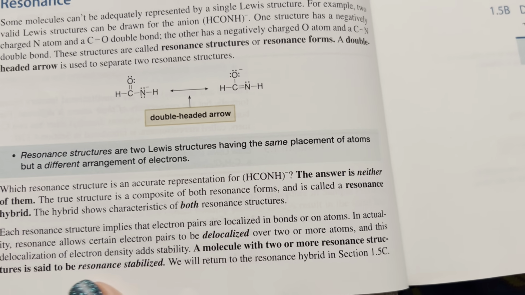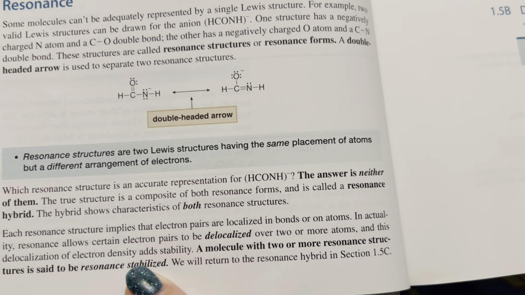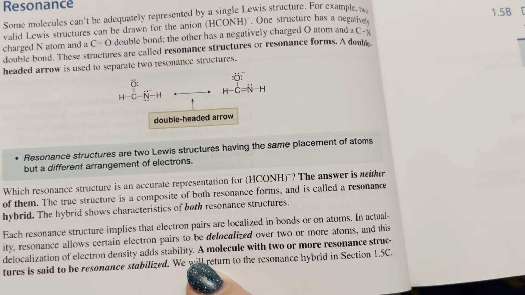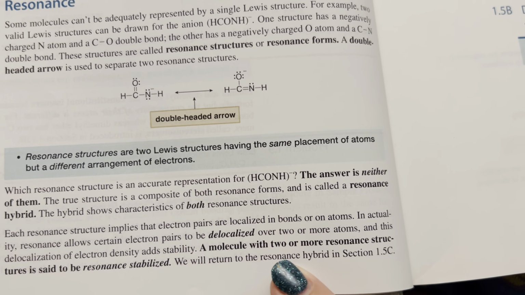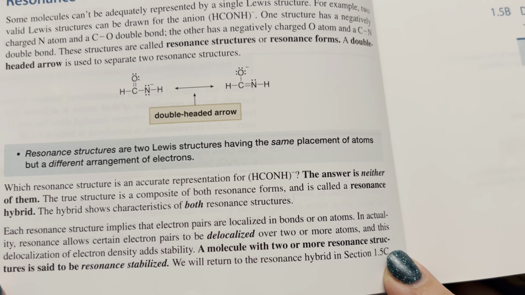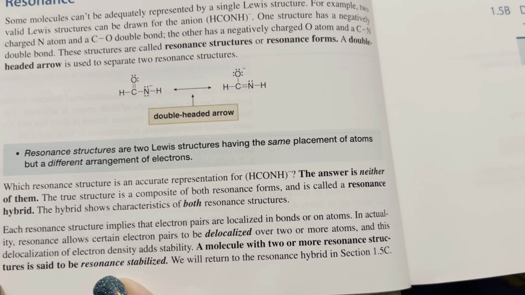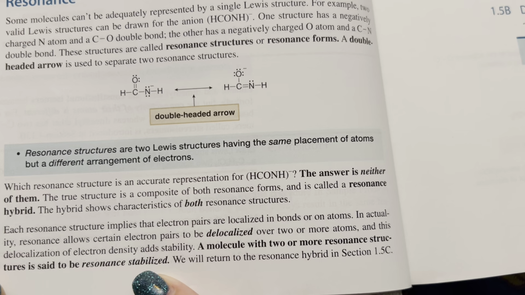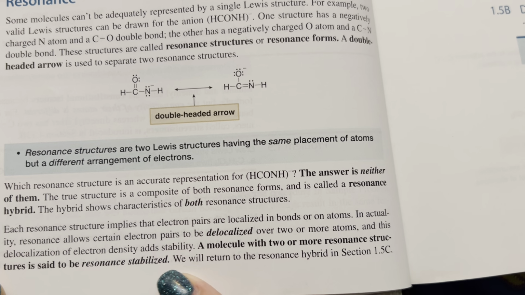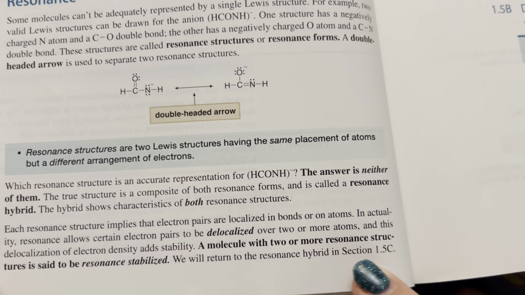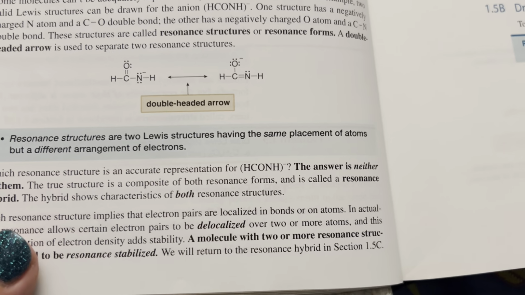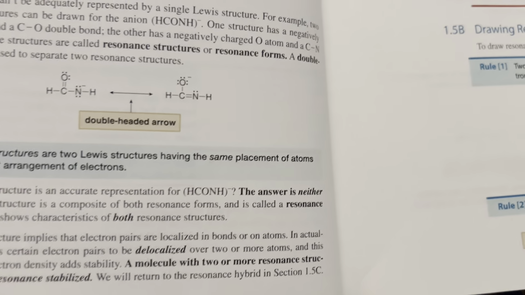And this delocalization of electron density adds stability. A molecule with two or more resonance structures is said to be resonance stabilized. We'll return to the resonance hybrid in section 1.5c.